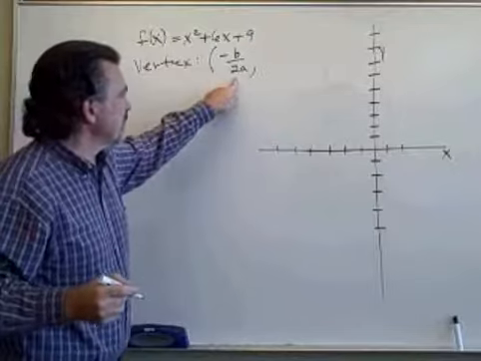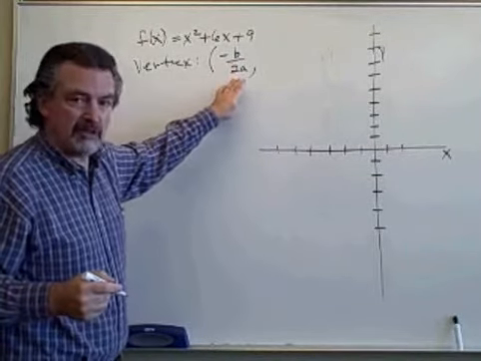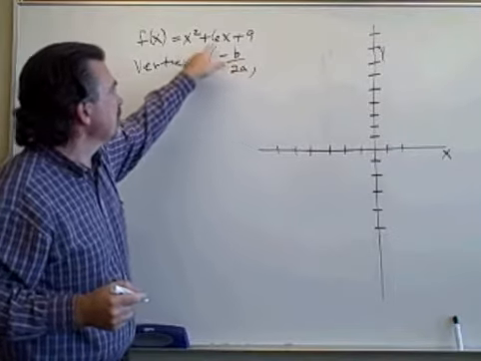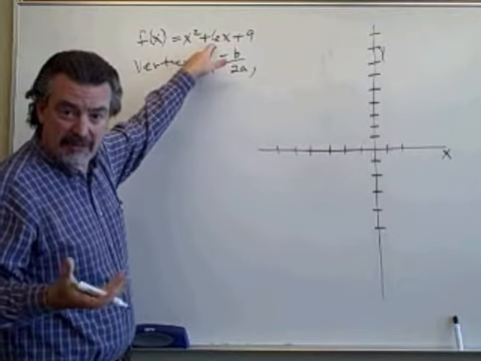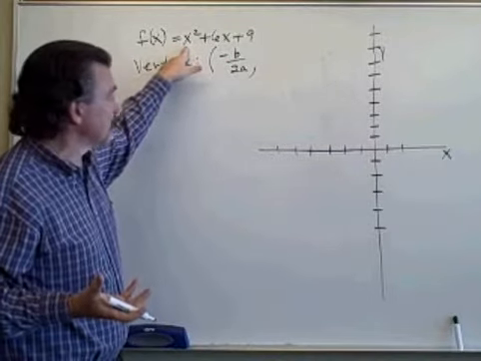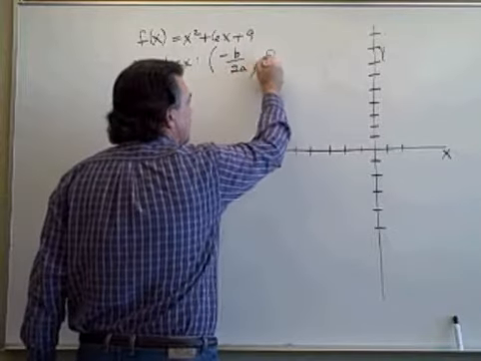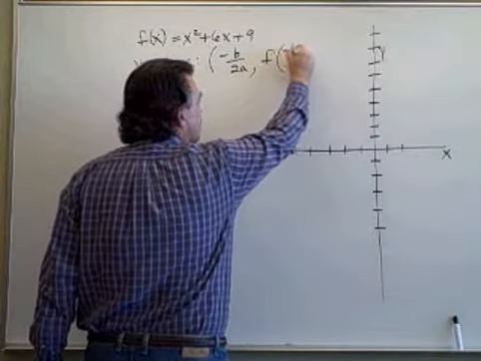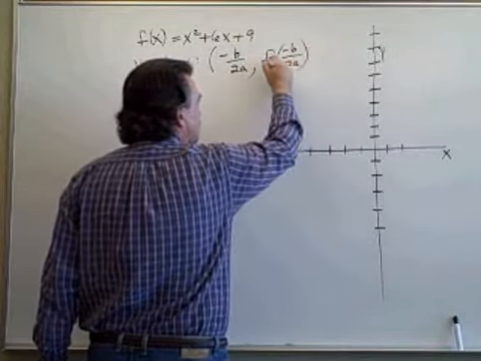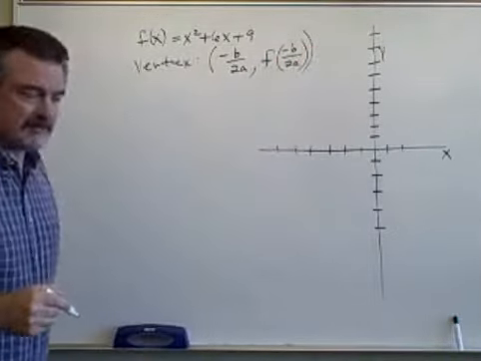The x value of the vertex can be found by finding minus b over 2a, where b is the coefficient of the first power term, and a is the coefficient of the squared term. If we then evaluate the function at that value, we will know the y value of the vertex.